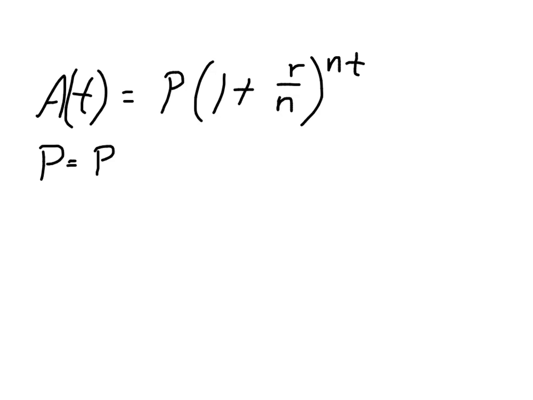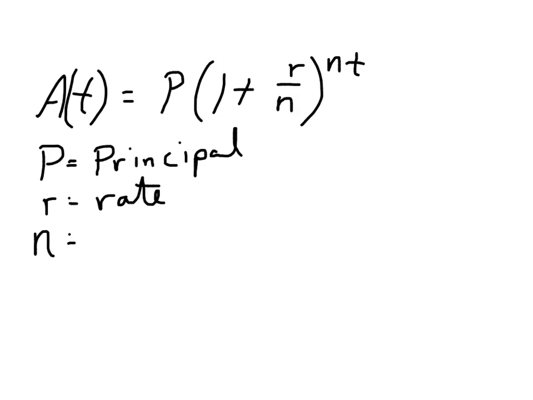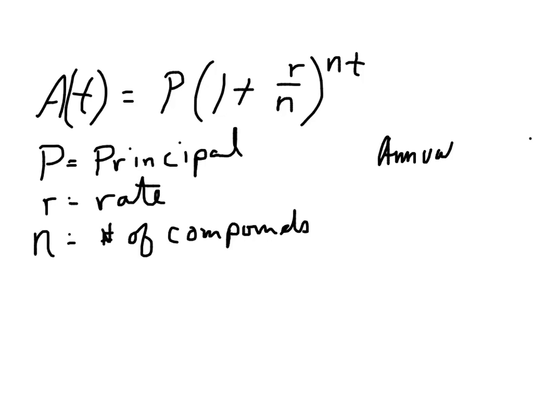P stands for principal, which is the amount of money that you're starting with in your account. R is the interest rate that you're going to be getting, and usually that's expressed as a percentage. So when they say that you're getting 4%, for instance, when you put that in, you've got to put 0.04. N stands for the number of compounds. To explain some of the words for that: if it says annually, that's 1 time.